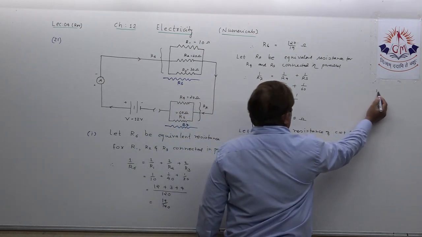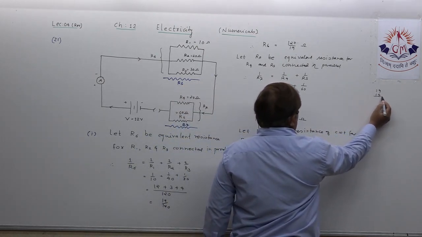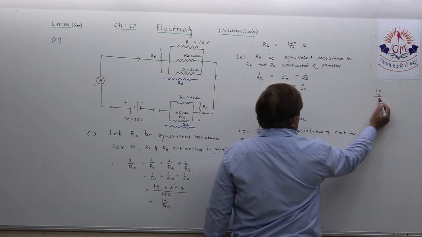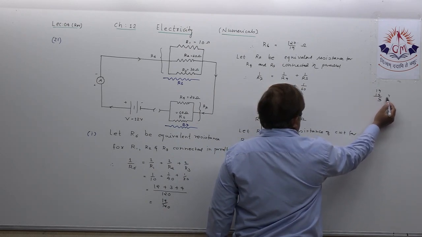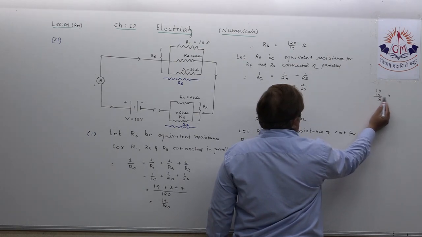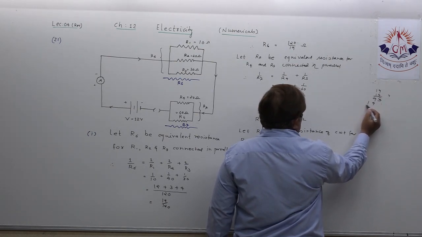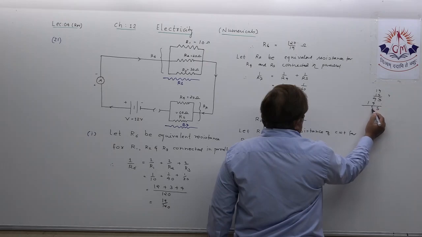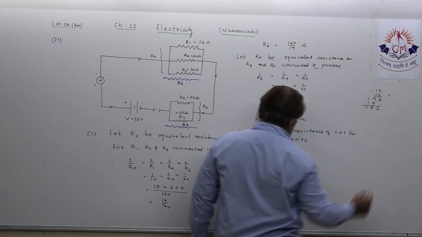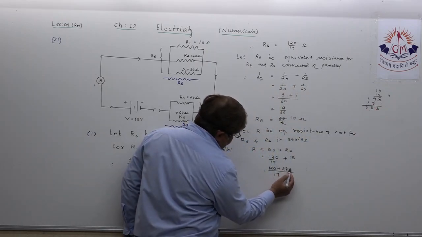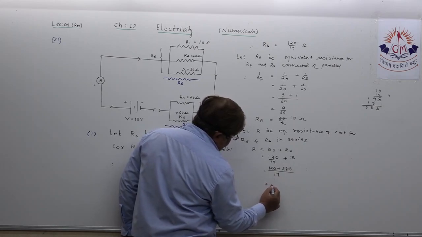19 15, just do it. 5 9, 45, 4, 5 1, 5 plus 4 9, and 19. Okay, 8 1 285. Just add this.